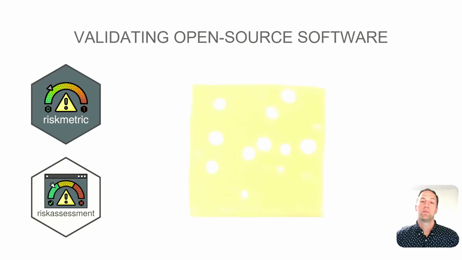Whenever we think about validating open source software, we try to frame our minds around there being several layers to the process. And each layer is kind of like a slice of Swiss cheese. If you were to look at just one layer, you'd see that there's probably a lot of holes in that approach, just validating the quality of an R package. It's still not going to take into consideration the statistical procedures that the R package leverages, and that's very true.